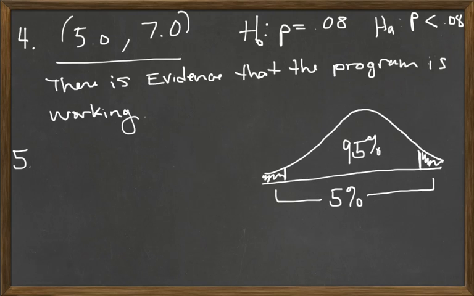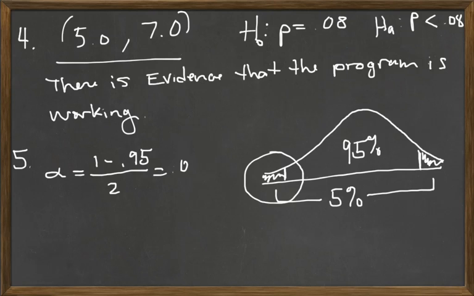It's less than. So we're going to have to say, well, even though my confidence interval was two-sided, I'm going to take this, and how much area is just in one of my tails? And that's easy enough. It's half of 5%, so the little magical formula for your alpha level is this. It's 1 minus your confidence level, 1 minus 0.95, or the area in the middle, divided by 2, which is equal to 0.025.